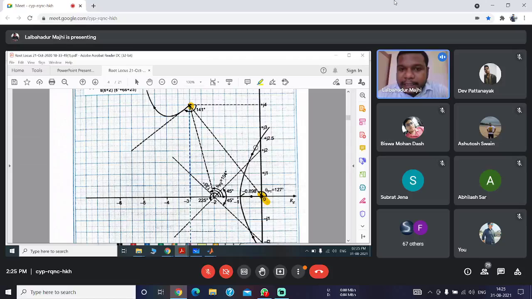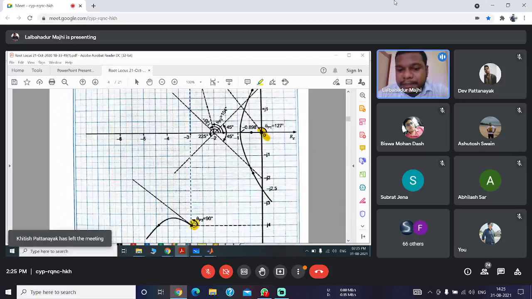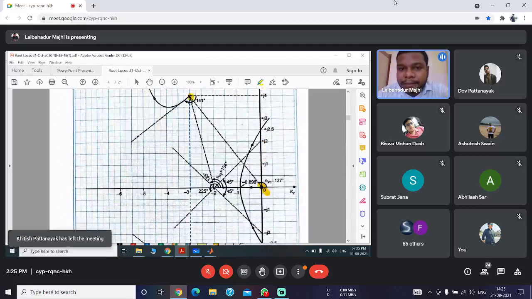We have three poles except this one, because for this point we are determining the angle of departure. So all other three poles: this at 0, this -2, and this another complex one. We have to draw lines to this point from all other poles.